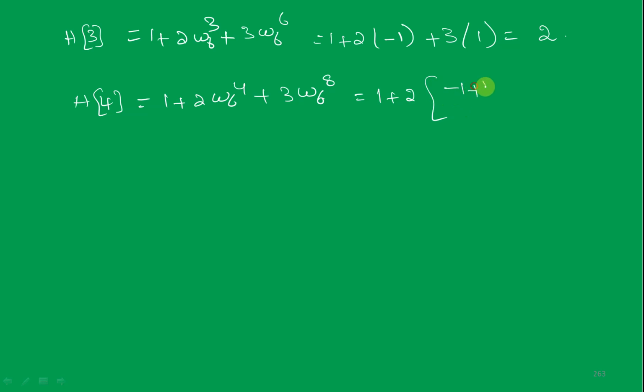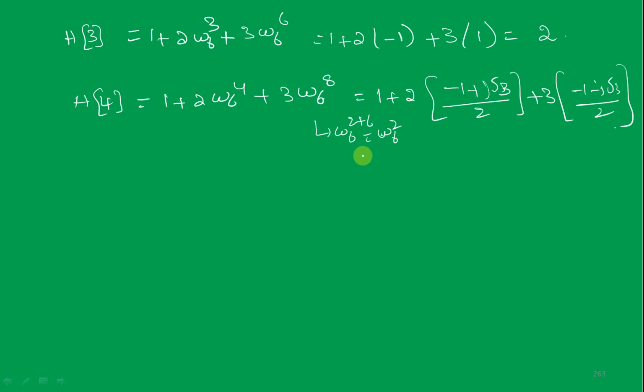What is the W6 power 2? Minus 1 minus j root 3 by 2. Right? So now simplify this one and you can get minus 3 minus j root 3 by 2.